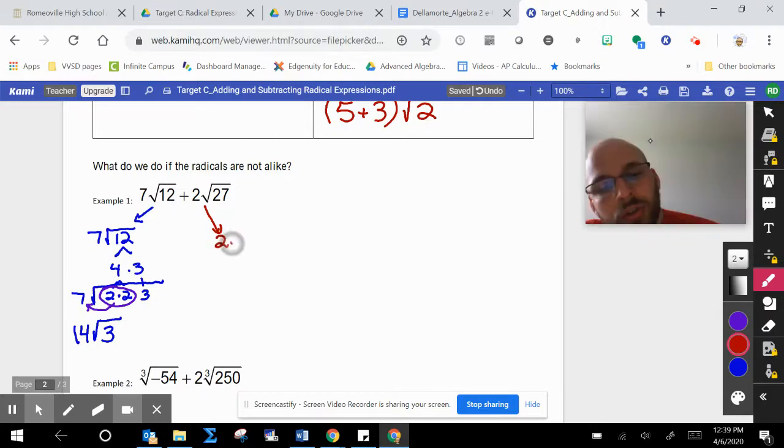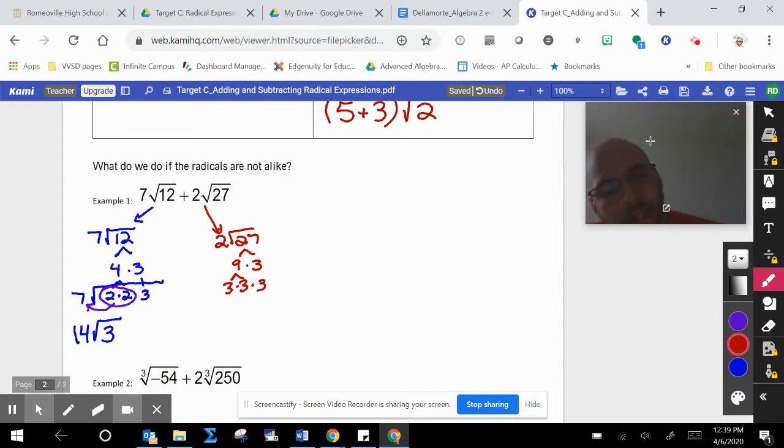So I have a 2 square root 27, and we're going to do the same thing. 27 is 9 times 3. We're going to break the 9 down into 3 times 3. All right, there we go. 3 times 3 times 3, right? So now I have a 2 times the radical of 3 times 3 times 3.